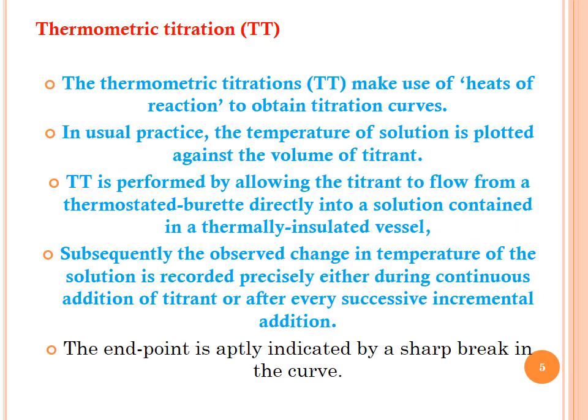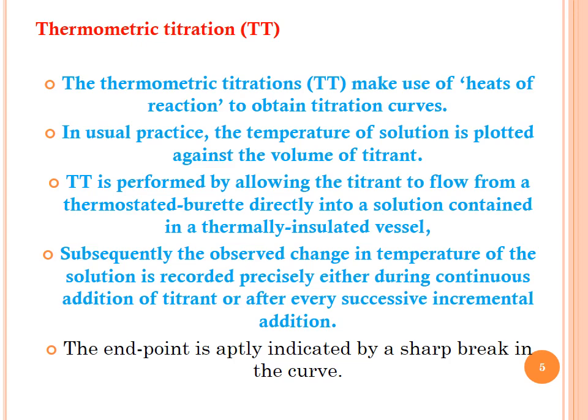Thermometric titration makes use of heats of reaction to obtain titration curves. The heat of reaction is the same as the enthalpy change of the reaction. In usual practice, the temperature of the solution is plotted against the volume of titrant. TT is performed by allowing the titrant to flow from a thermostated burette directly into the solution contained in a thermally insulated vessel.